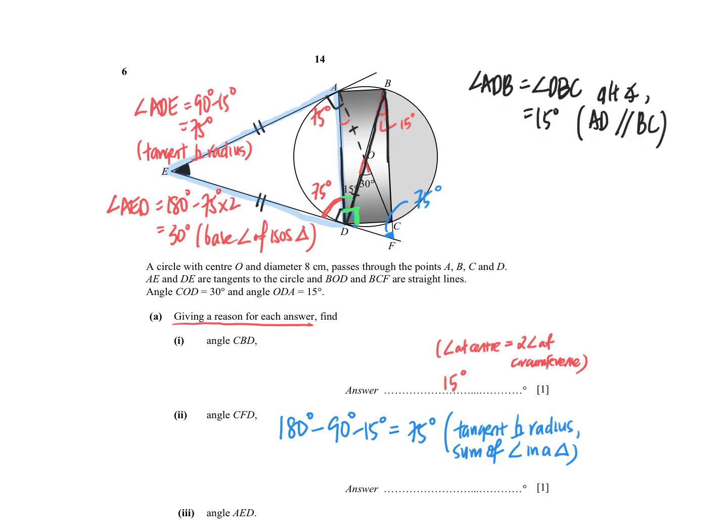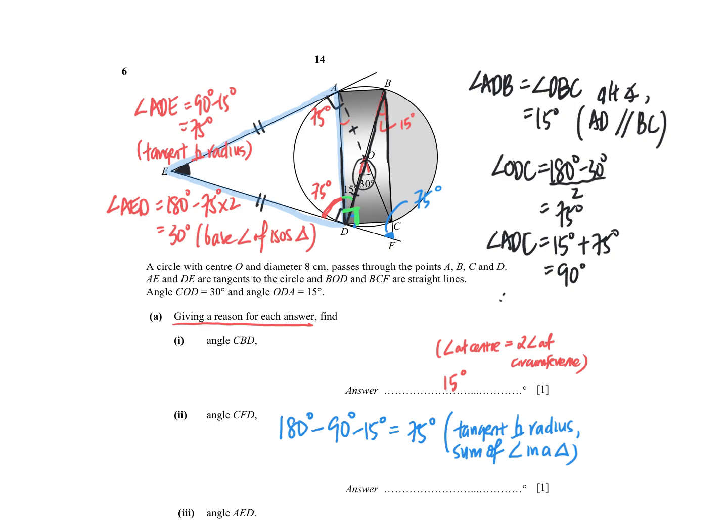Find ODC first. ODC is 180 minus the 30, then I divide by 2, which gives me 75. So I can find angle ADC, which is the 15 degrees plus the 75.